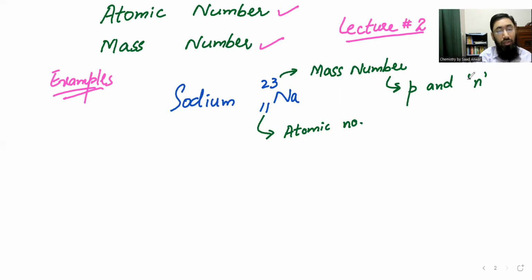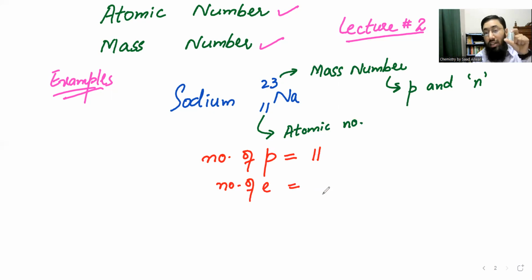So it means the number of protons a sodium atom has is 11, and the number of electrons, remember, is always equal to the number of protons, so the number of electrons is 11 as well. So what about the number of neutrons?